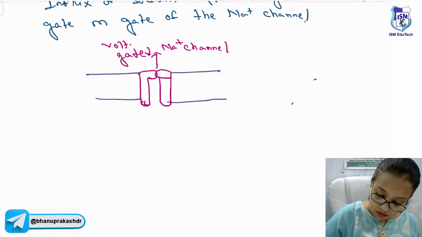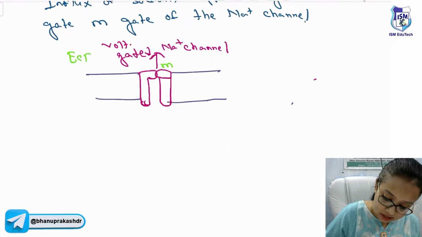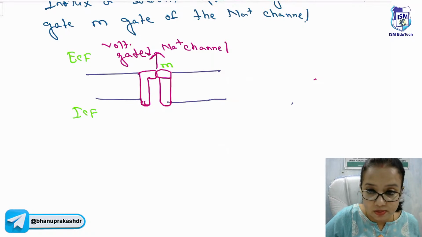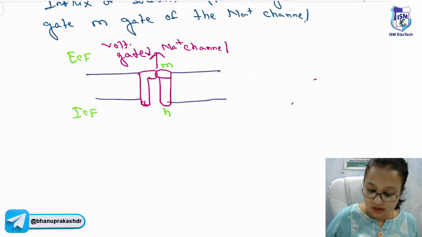Of this channel, this part which is facing the ECF is the M gate, and this one facing the ICF is the H gate.